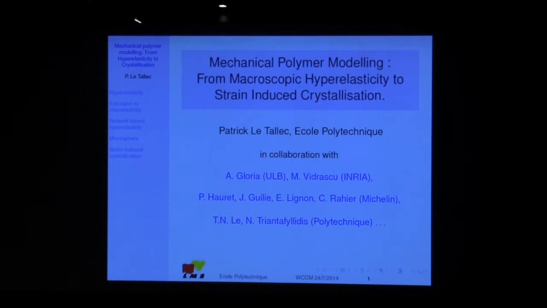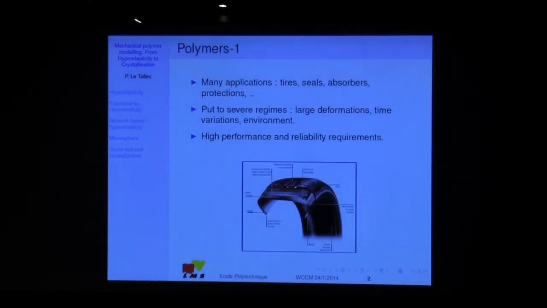So polymers, why do we want to look at polymers from an engineering point of view? Of course, because they are in many applications, one of them being of particular interest for me and some of my friends. But you also have many more recent and challenging applications in protection, like in nuclear industry, shock absorbers, and aerospace.